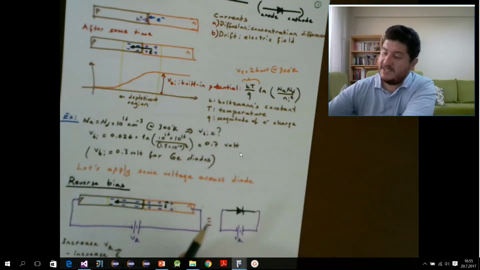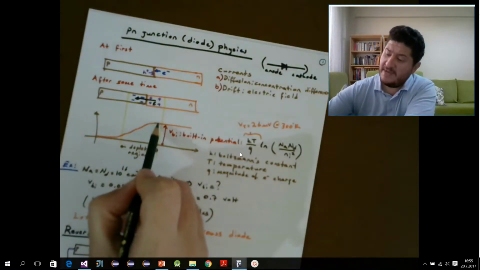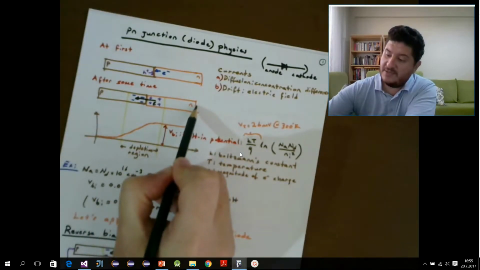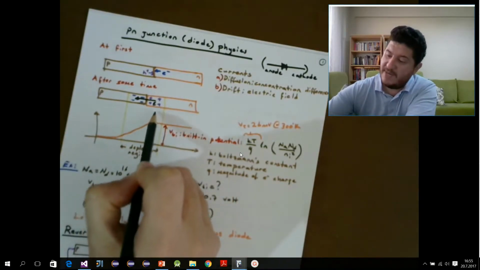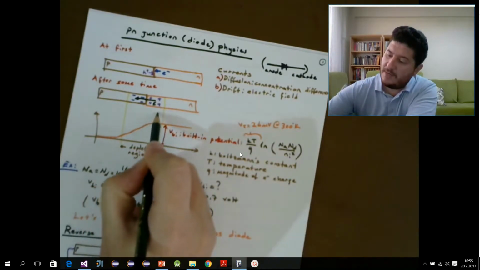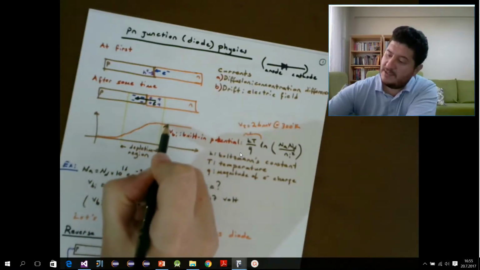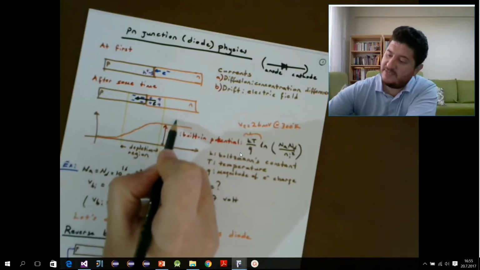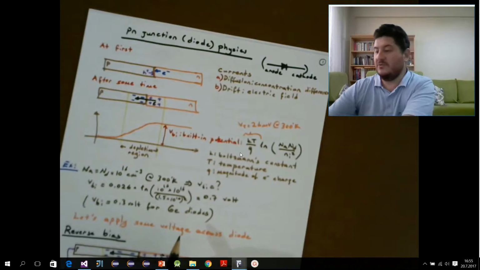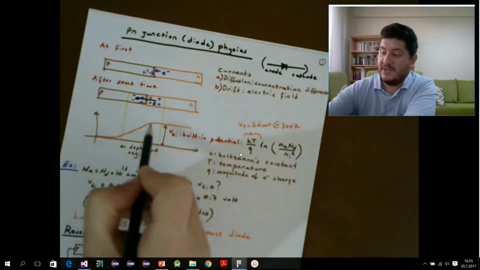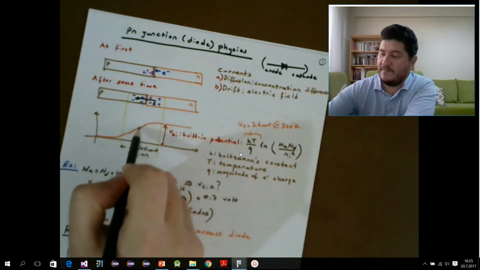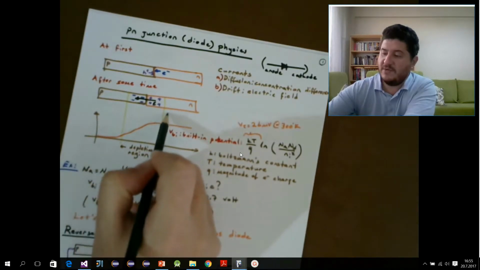What happens is we already have this barrier, VBI, and we are applying a larger voltage here. So this barrier is going up. So we go up here. This place right here is VR. So if we have VR equal to 3 volts, for example, we will be raising this area 3 volts higher.